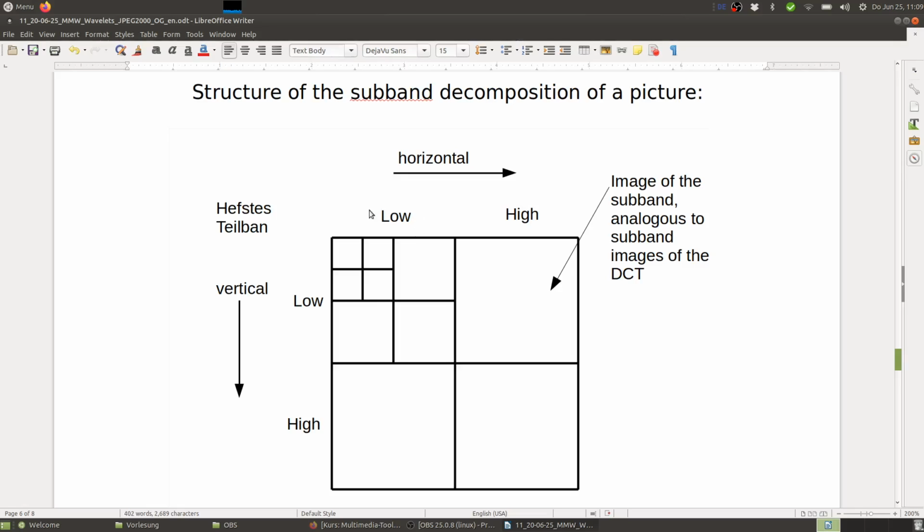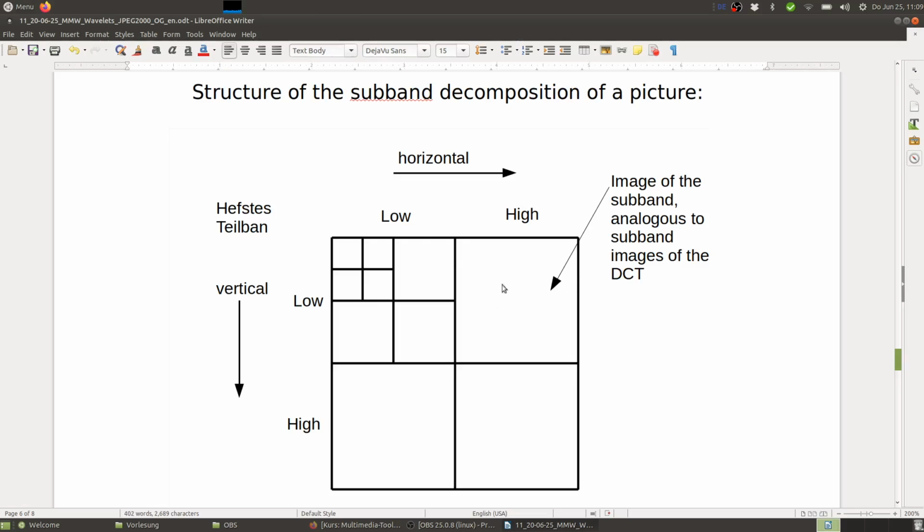You can see here we have the horizontal and vertical frequencies, and these are the corresponding subband images. Remember, for DCT we had 8x8 subband images. The upper left hand corner was the DC image with the edges of 1/8 of the original.